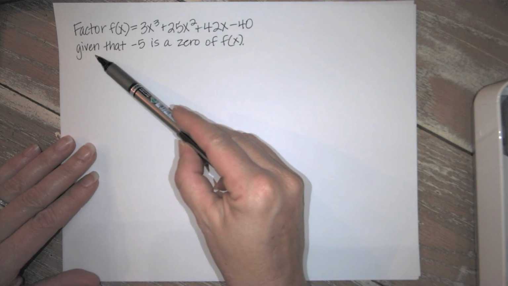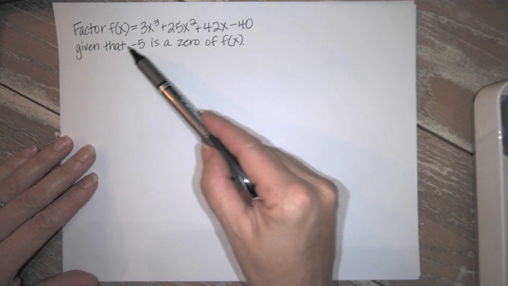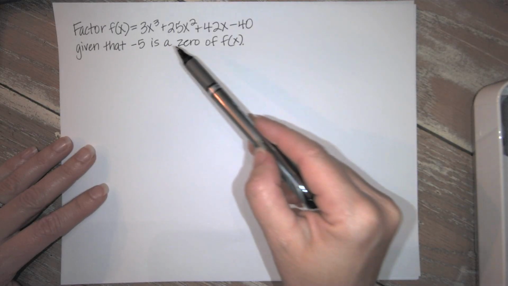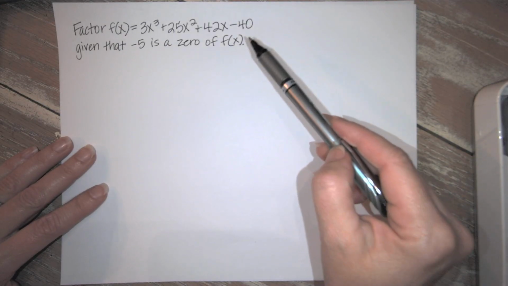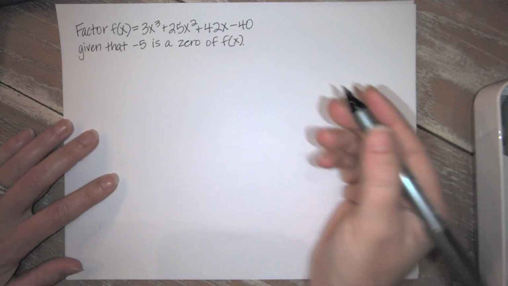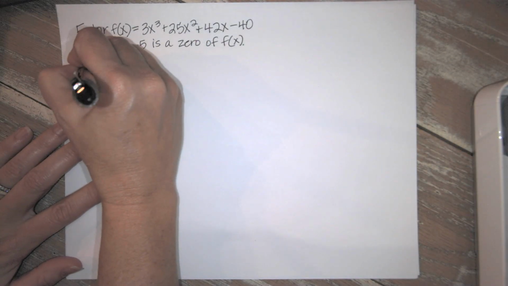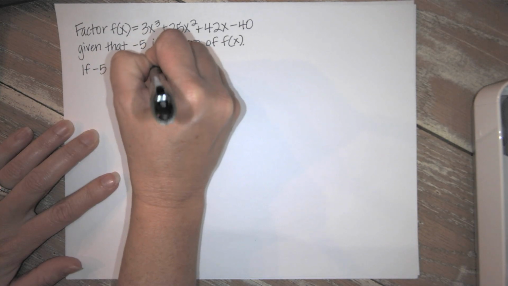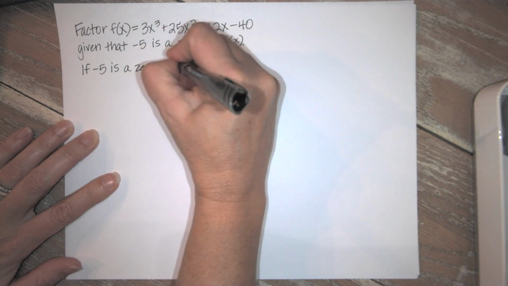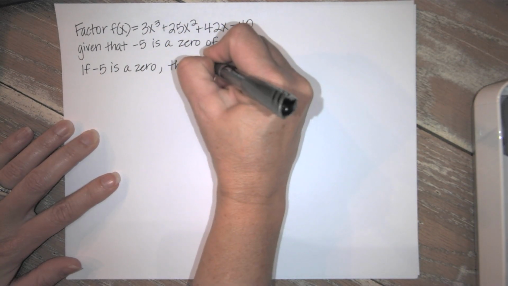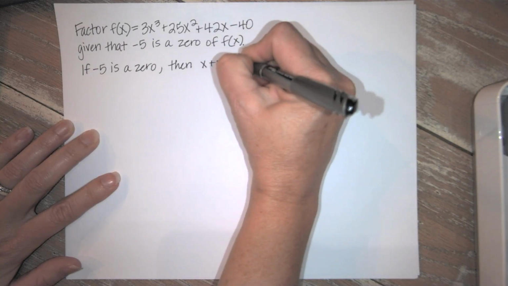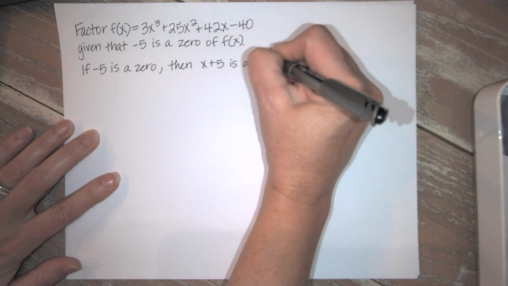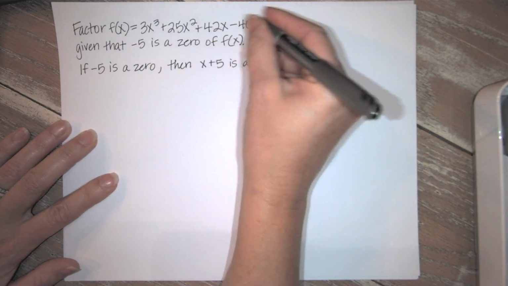So we are given this information that negative 5 is in fact a zero of this polynomial. And so we know that if negative 5 is a zero, then x plus 5 is a factor. So we at least have one factor of the polynomial.